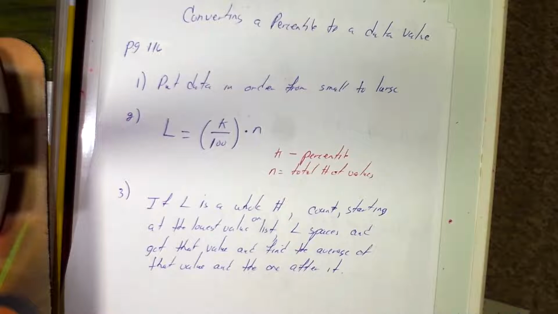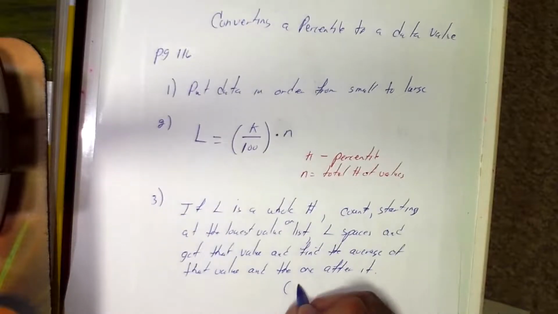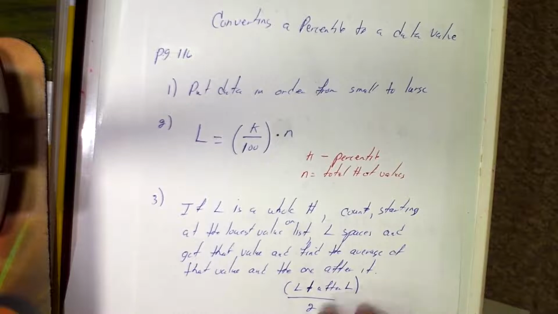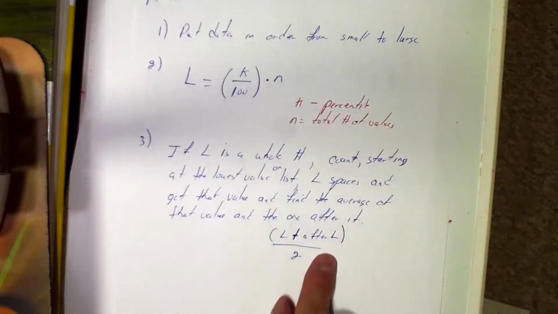So think of it like the median. Remember when we did the median and you had 2 middle numbers? What did you do when you had 2 middle numbers? Well, you take the average of those 2 numbers, right? You add them, divide by 2. You're going to go L plus after L, divided by 2.